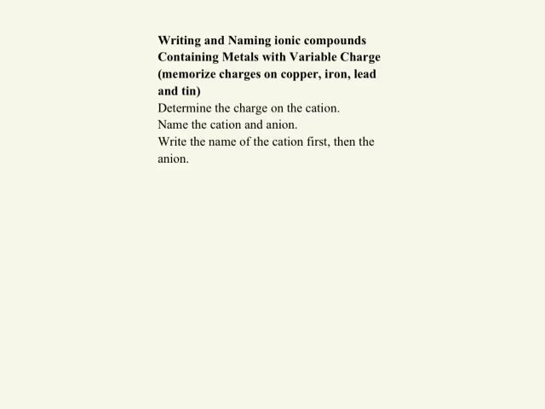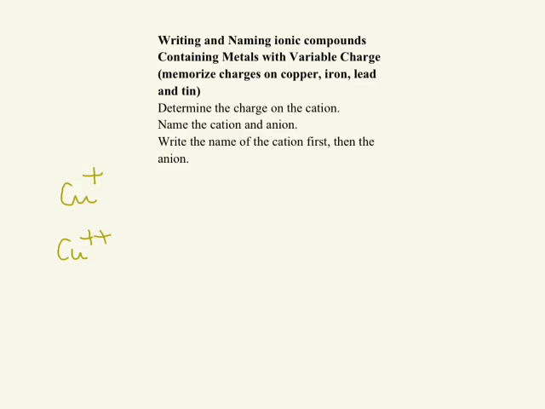So there are metals that have variable charges, and most of those elements are the transition elements. Looking in the periodic table, you should be able to tell where the transition elements are. For example, if you look at copper, copper can have a charge of +1 or +2.